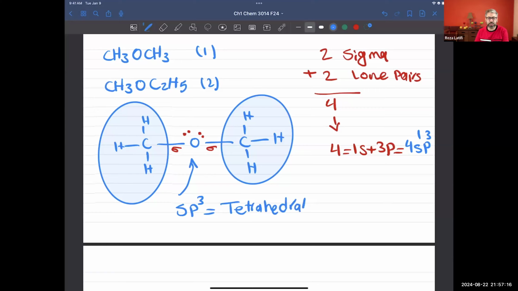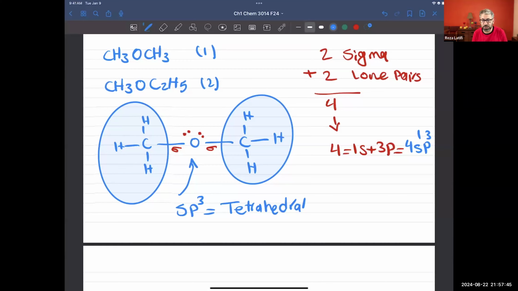And for tetrahedral, listen carefully: if you have 1, 2, or 3 lone pairs, it will be polar, providing you have non-identical elements attached to each other. Clearly in this case, I see carbon attached to oxygen and carbon also attached to hydrogen. But carbon is not identical to oxygen.